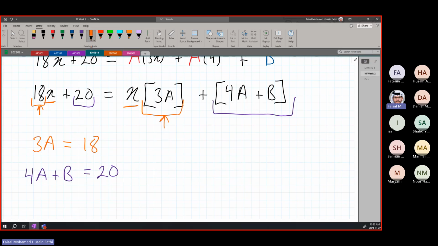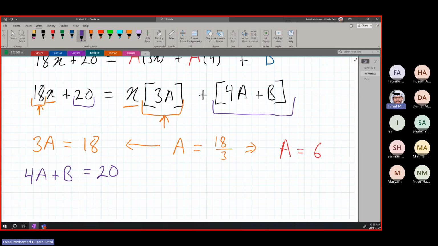If you notice the first equation, we can just simplify this and we can find a. So a is equal to 18 divided by 3. So it shows that a is equal to 18 divided by 3, which is 6. All right?